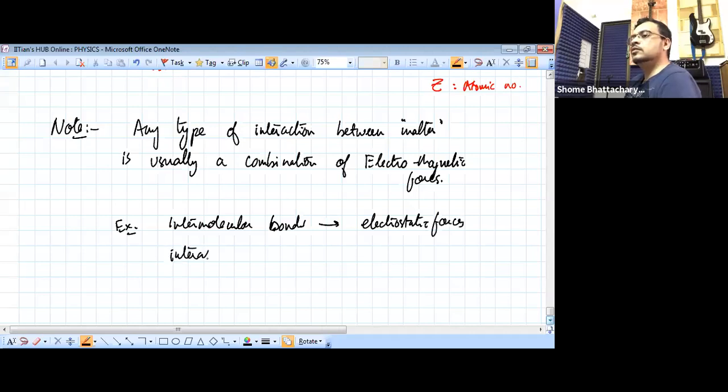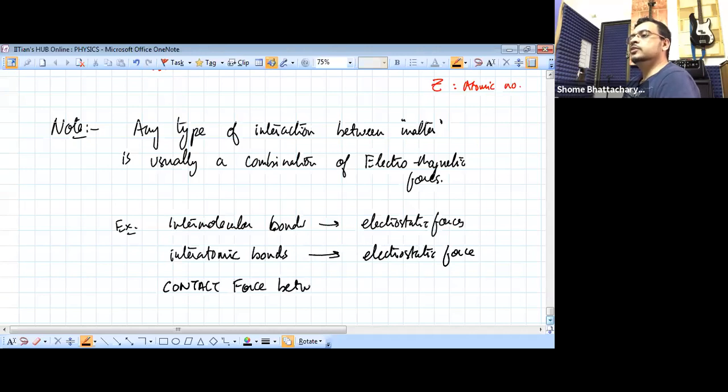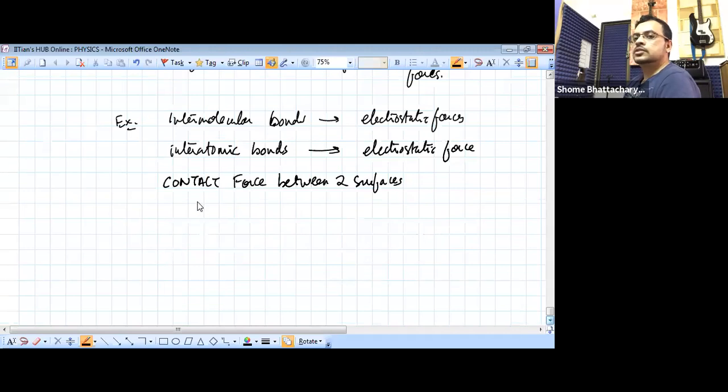If you look at an interatomic bond, they're again electrostatic attraction. If you look at contact force between two surfaces, so what do we really mean by contact force?